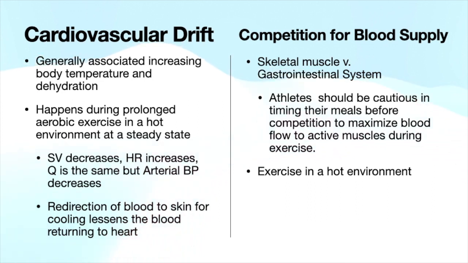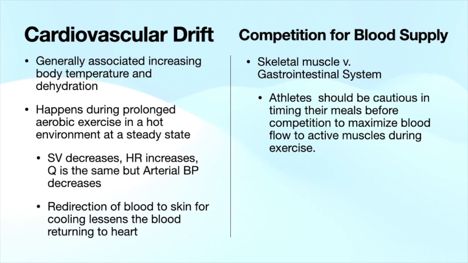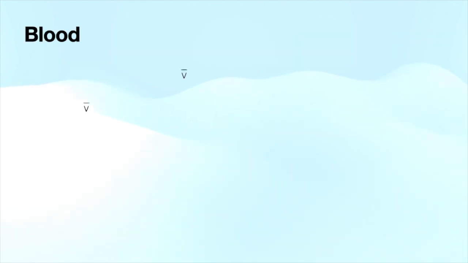So if you're going to exercise for a long period of time in a hot environment, do take note that your blood supply will be divided between your exercising muscle and your skin to regulate internal body temperature. All right, so that's our vascular system.